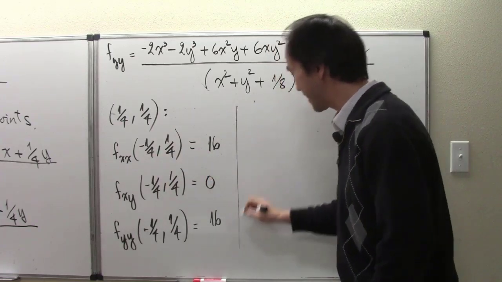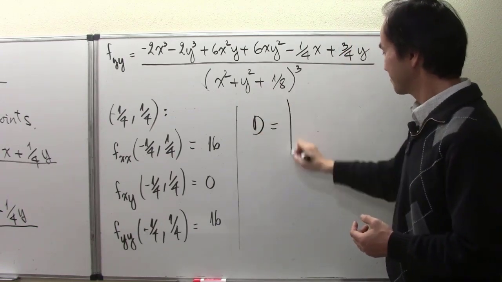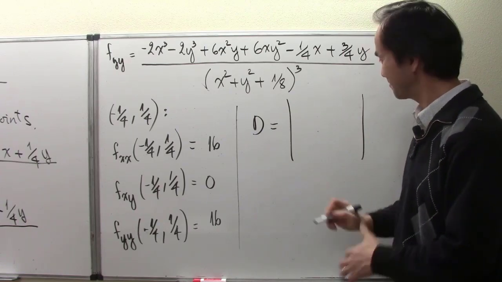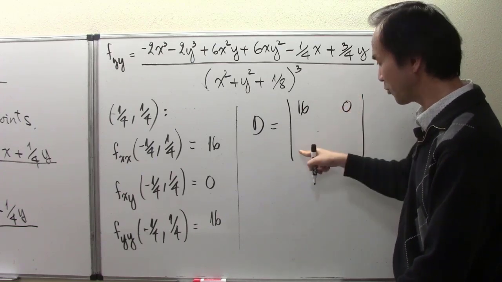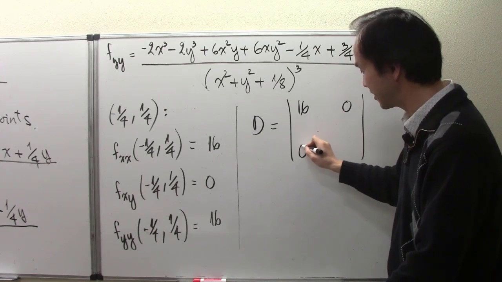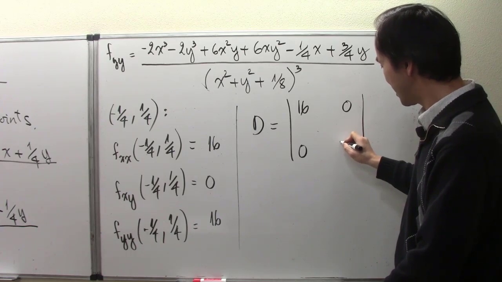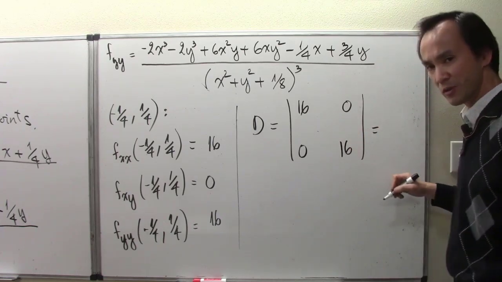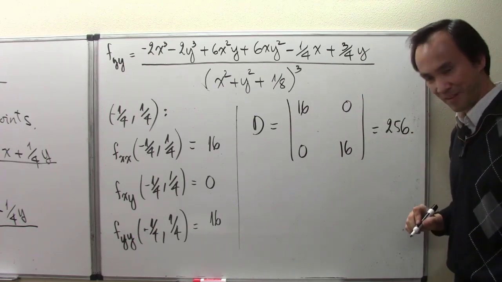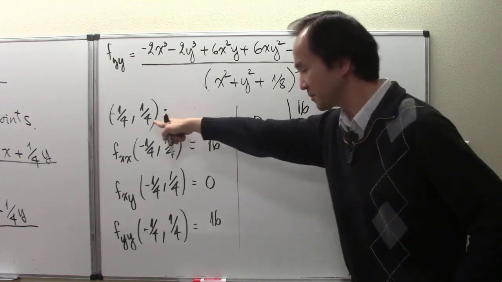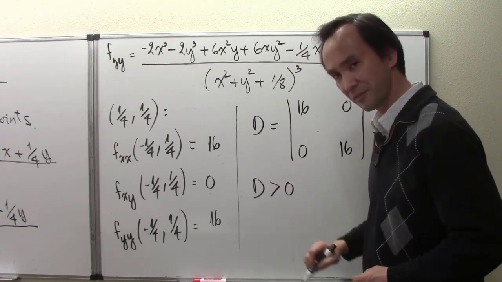Now I'm calculating that D setup: f sub xx being 16, f sub xy being 0, f sub yx, which is the same as f sub xy, 0, and f sub yy positive 16. The calculation comes out after this determinant, 256 again. So at this point this determinant, this D expression, turns out positive.